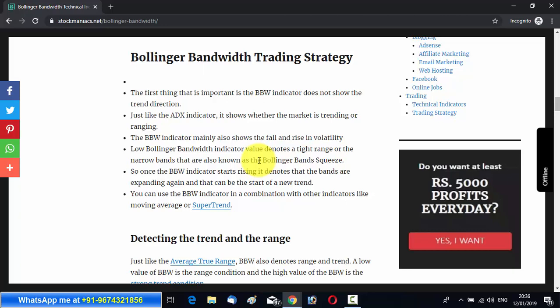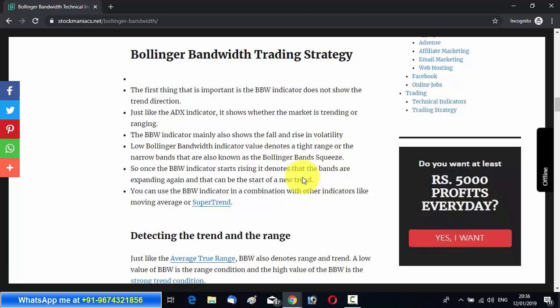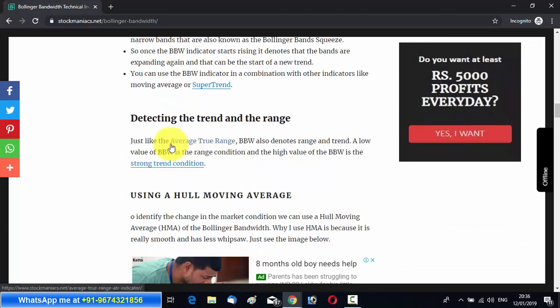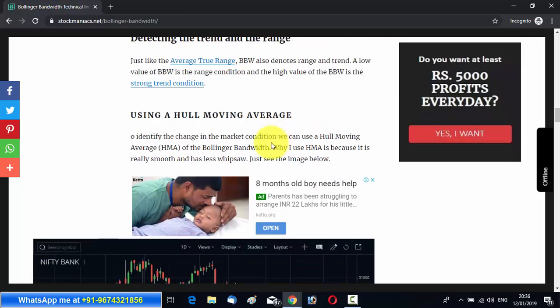Whenever the Bollinger Bandwidth indicator starts rising, it denotes the Bollinger Bands are widening, and the market is trending and volatile. So Bollinger Bandwidth helps us in detecting the trending phase and the range bound phase.